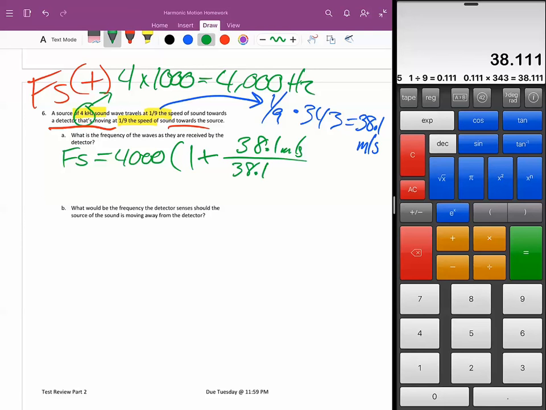Both of these will obviously equal the same number, so 1. Now 1 plus 1 is 2. 2 times 4,000 gives you 8,000 hertz.